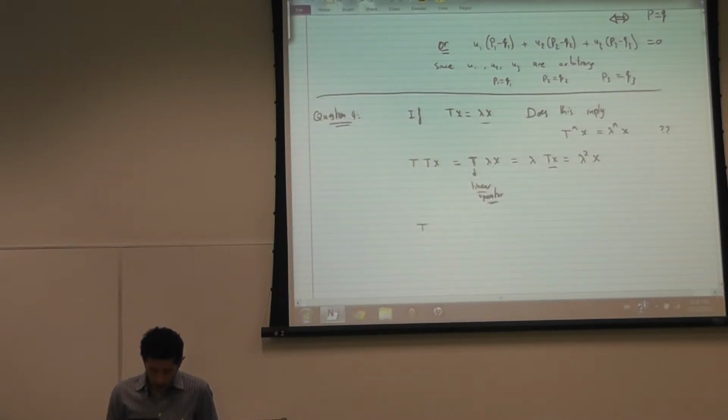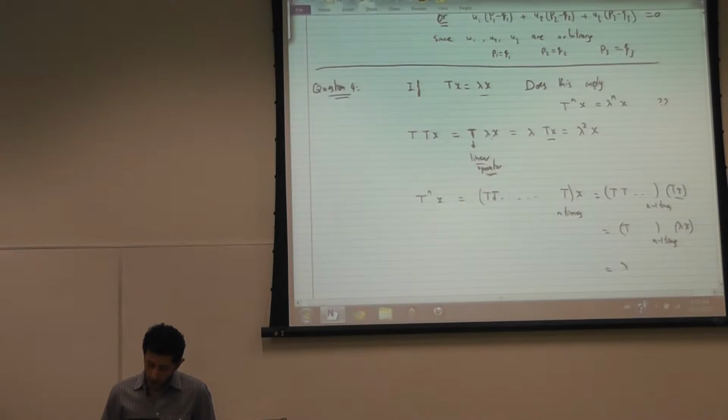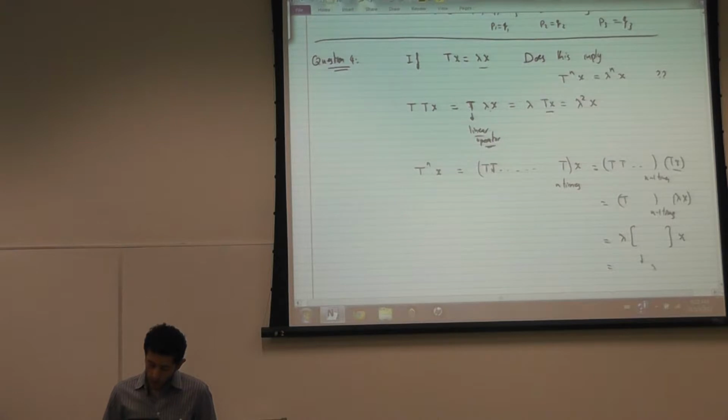Some other people did it like this, which I thought very nice: T applied n times, that is, n minus 1 times multiplied by Tx, which is n minus 1 times multiplied by lambda x, because Tx is equal to lambda x. All these are linear operators, so you can take the lambda out, and so on until you get lambda to the power n times x.